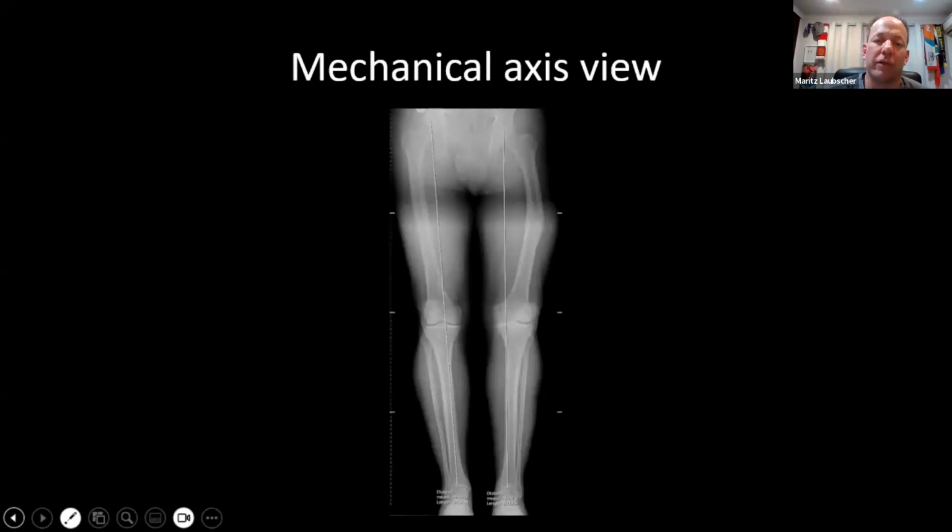However, if you're going to intramedullary reference here and just cut 6 degrees to it, you're still going to have a significant deformity, because there's a deformity in the shaft. So you should have a different strategy here.